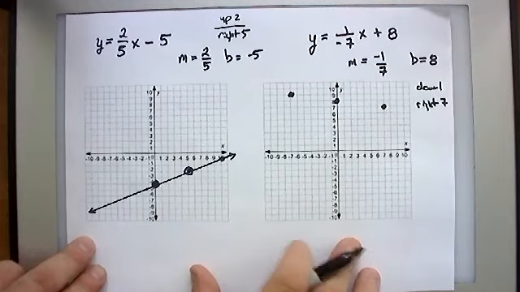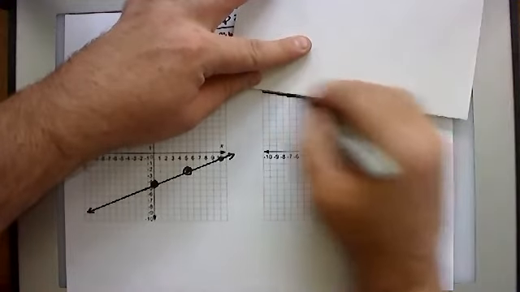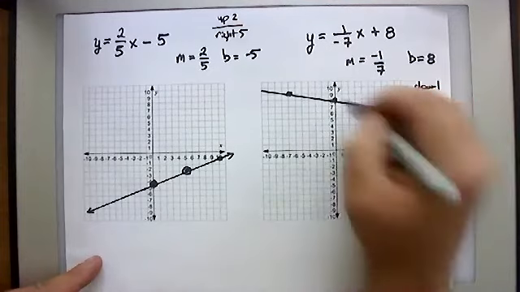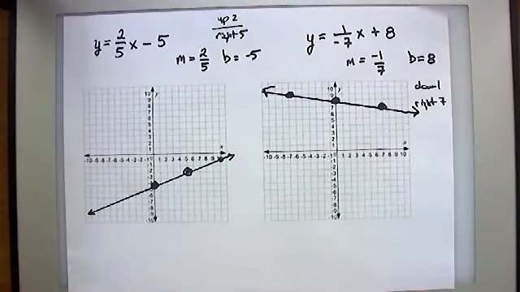So it doesn't matter where you put the negative on the slope, as long as you have it at the top or the bottom and only in one of them, not both. Kind of missed that point there, but that's all right. Then it'll be fine. So whether you put the negative at the top or the bottom, it does not matter, but do not put it in both, because 2 negatives is not negative, it would be positive. All right?